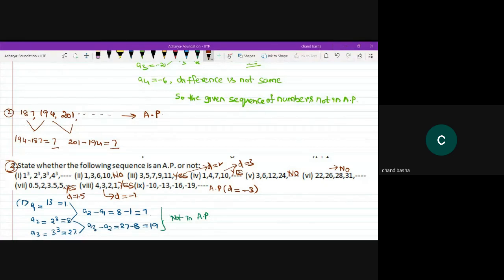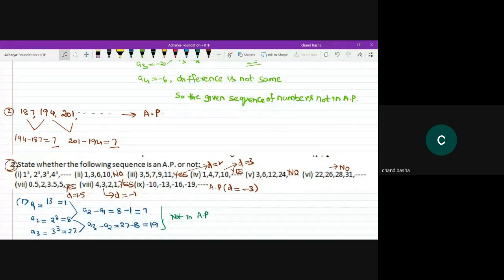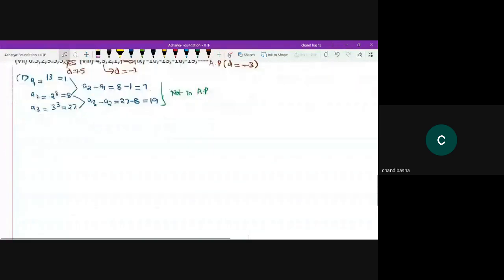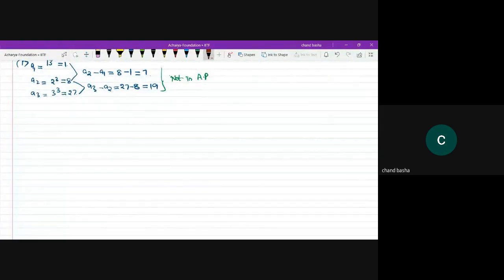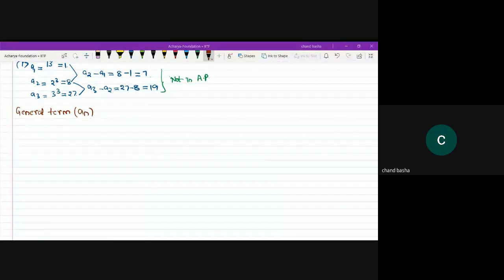What is the general term formula I have given to you? Harshavardhan? Harsha? What is the general term formula I have given to you? It is denoted by AN. Navneet?